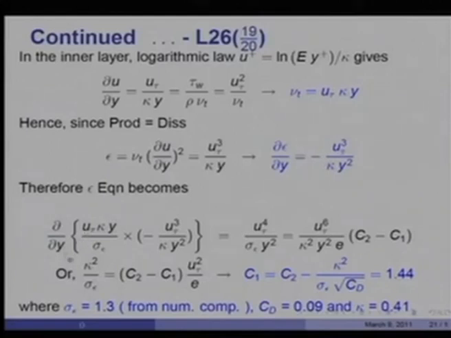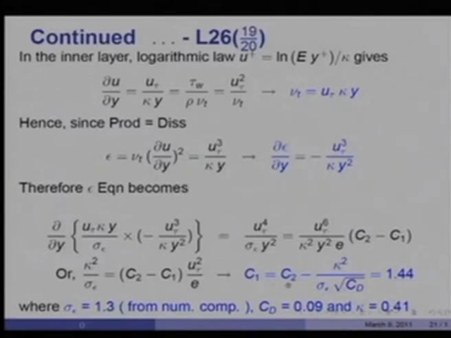So, then you will get d by dy of u tau kappa y by sigma epsilon into this quantity equal to u tau squared by sigma epsilon y square, equal to all this, or kappa square over sigma epsilon would be C2 minus C1 u tau square by E, and therefore, C1 would be equal to C2 minus kappa square over sigma epsilon over CD, and that would turn out to be equal to 1.44 because CD, recall, was equal to 0.09, kappa was 0.41, and sigma epsilon has been found from numerical experiments to be approximately 1.3.